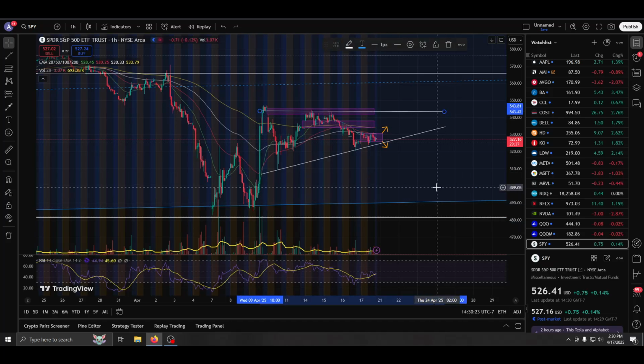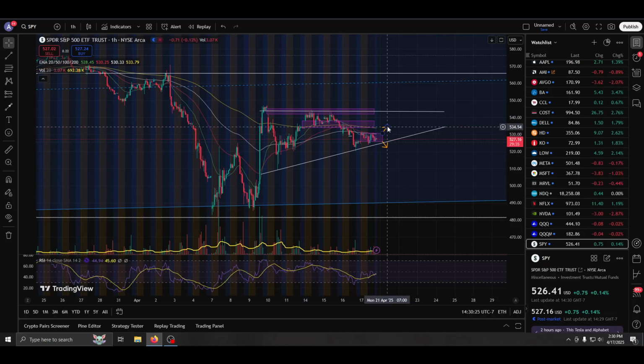So this is typically a bullish trend because the highs are remaining the same, but the lows are getting higher. So you have higher lows, higher lows, higher lows, higher lows. So this is basically going to go like this.